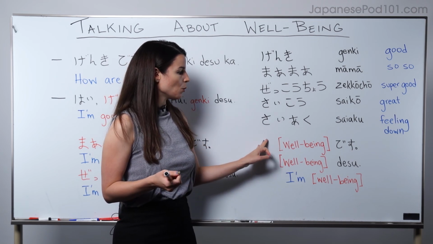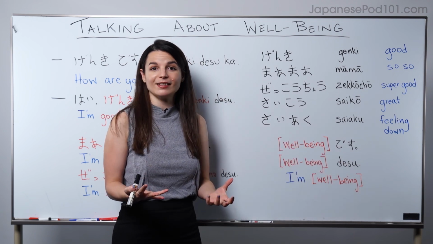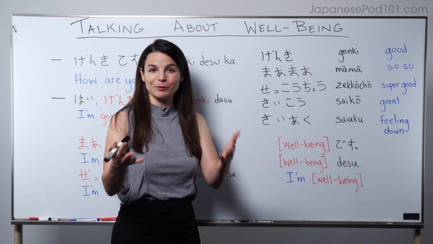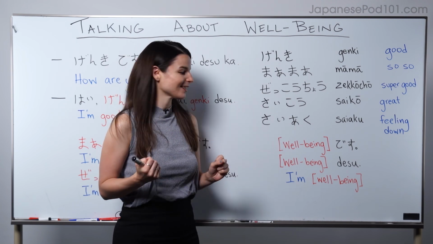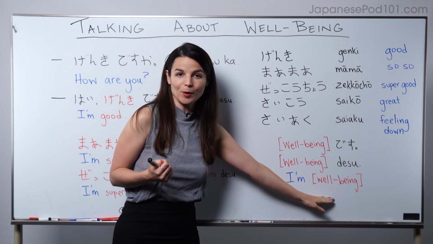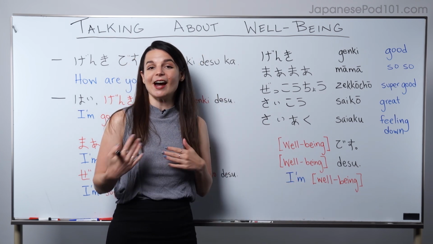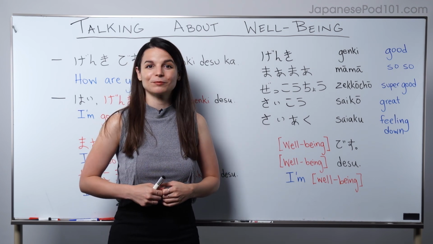So, simply follow well-being with desu, which means is or am. In this case, it will mean am, because you're referring to yourself. I'm great, or I'm good, genki desu. So, the translation becomes I'm plus your well-being word. I'm good, or I'm so-so. You can use this pattern to create your own sentences.